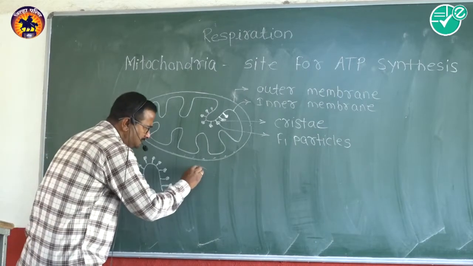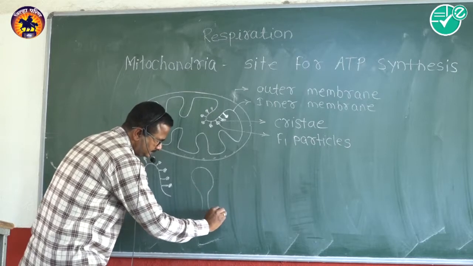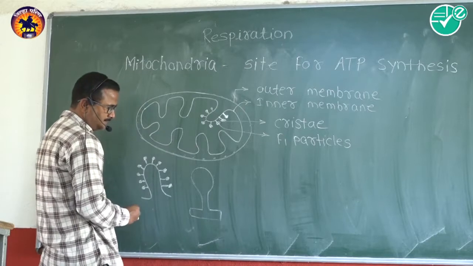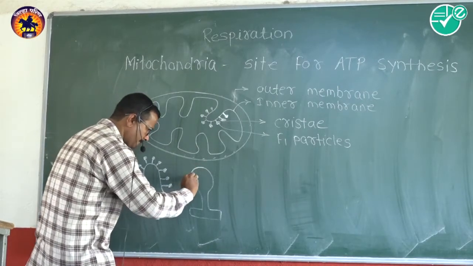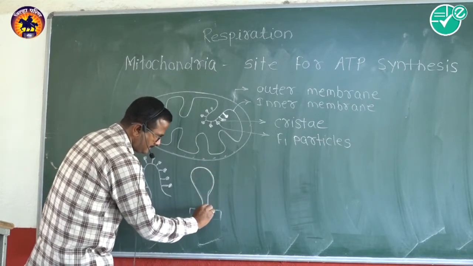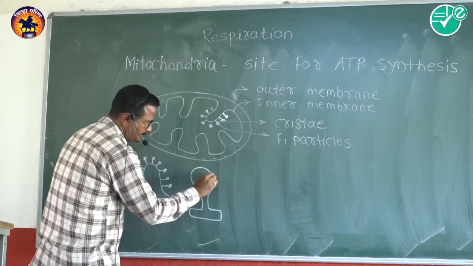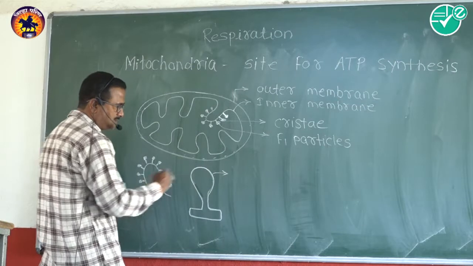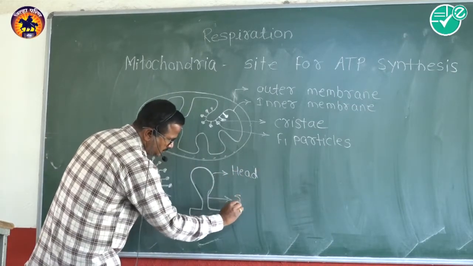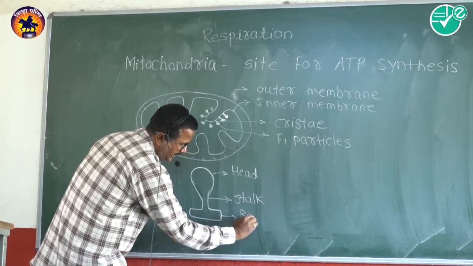These F1 particles show three different structures: head, stalk, and base.